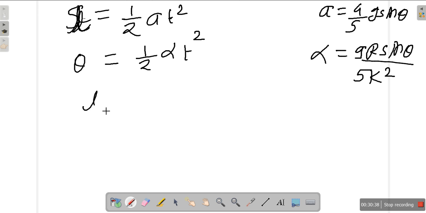So L upon theta is A upon alpha, right? L upon theta is same as A upon alpha. Now let us try to find out this ratio of A upon alpha.